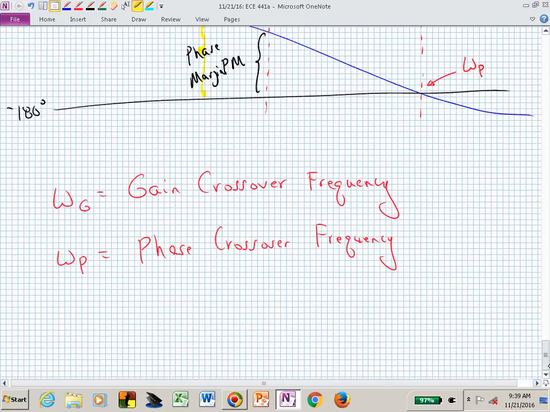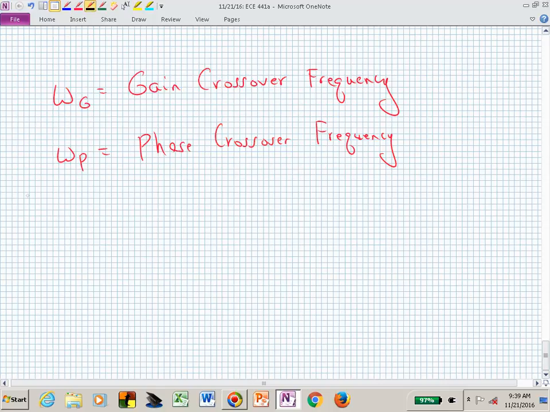What we want to do now is understand how do we design controllers to adjust or compensate the phase margin and gain margin. Now we have a different way of thinking about stability and how we can adjust or enhance that behavior.